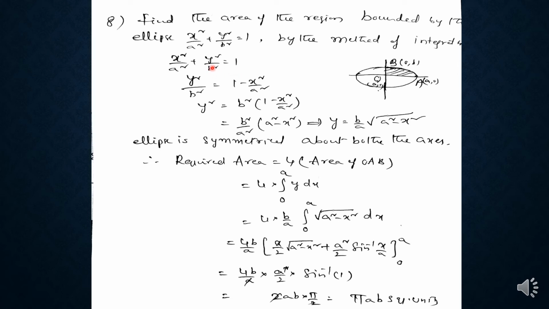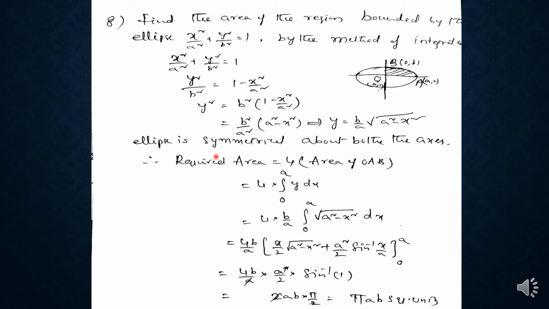By rearranging the terms, y square by b square is equal to 1 minus x square by a square. Then y square is equal to b square into 1 minus x square by a square. By taking the LCM in the brackets, we get a square minus x square by a square. This can be written as b square by a square into a square minus x square. So y square is equal to b square by a square into a square minus x square, and y is equal to b by a root of a square minus x square.